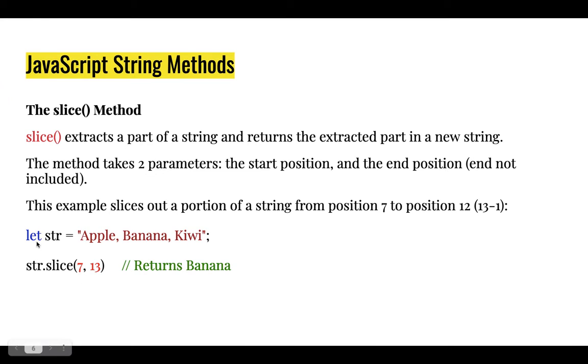So this is another string variable. We have apple, banana, and kiwi in this string variable. So we want to return from here to this place. We have to get the index of this character, which is the start position, and then we have to get the index of this character, which is the end position.